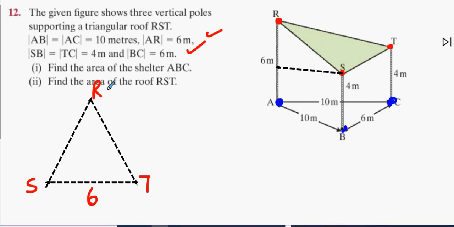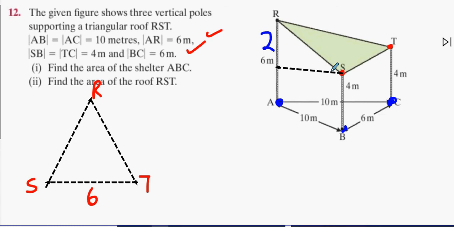Okay, anything else? What's this blue distance here? 2 meters. 6 take away 4, which is 2.